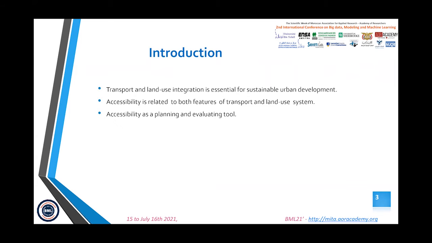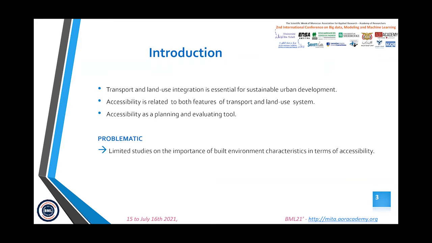Besides, accessibility has recently gained ground in city institutions that can use it most effectively as a planning tool and also as a tool for evaluating the effectiveness of policies for land use and transport systems.